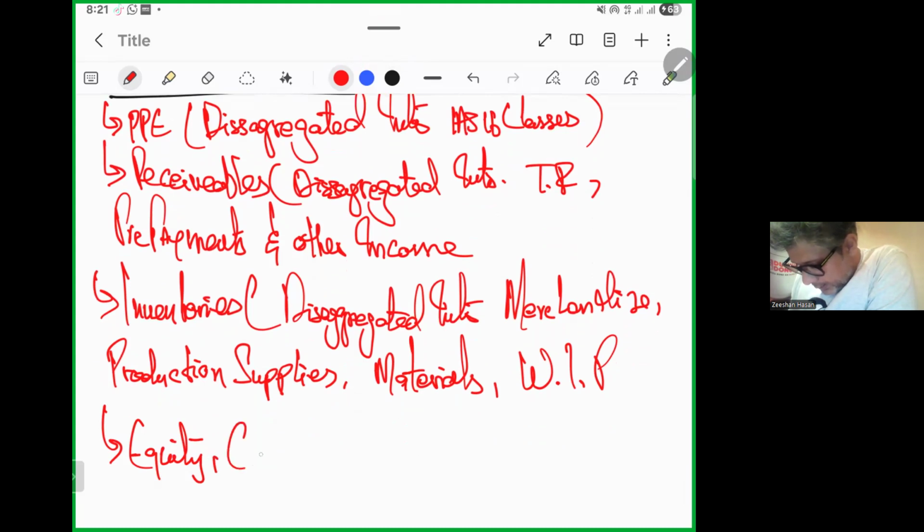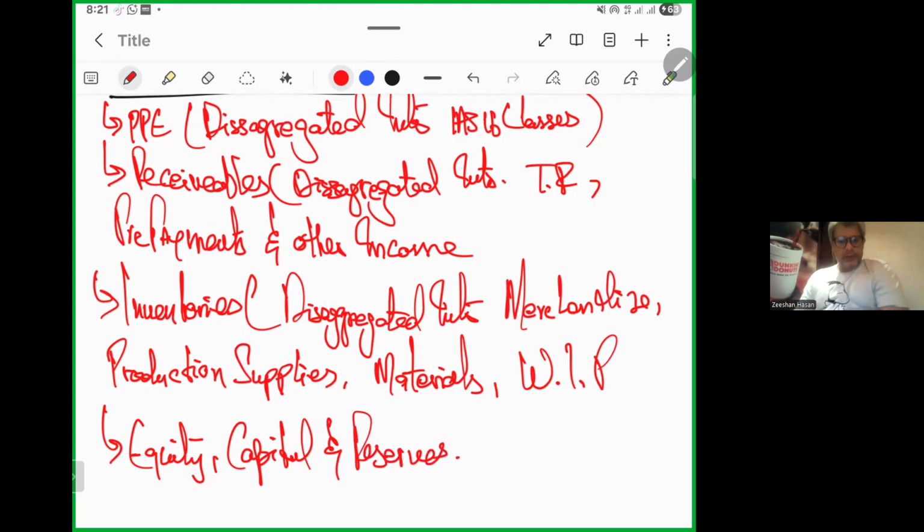Equity is disaggregated into capital and reserves. So line items, totals, and subtotals in the primary financial statement should be labeled in a way that faithfully represents the characteristics of the item. To achieve this, descriptions and explanations may be required, including how items have been aggregated or disaggregated.